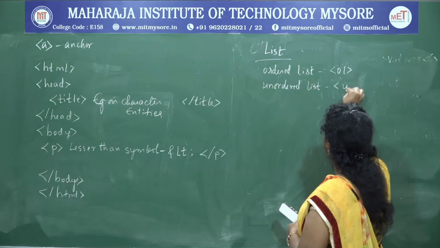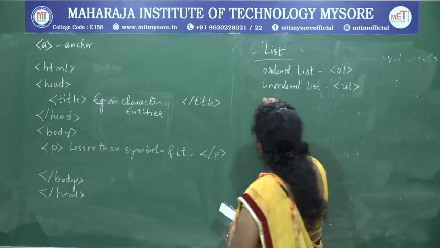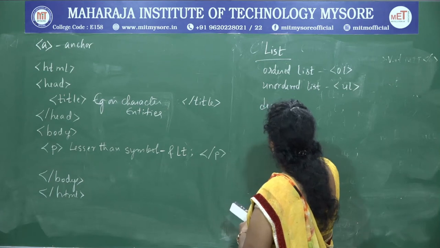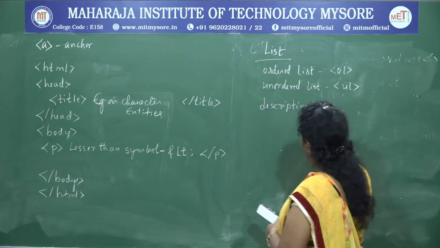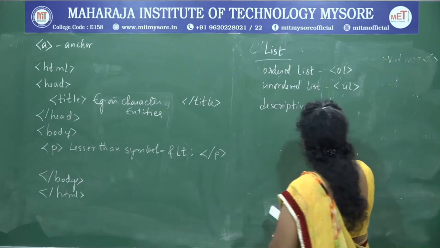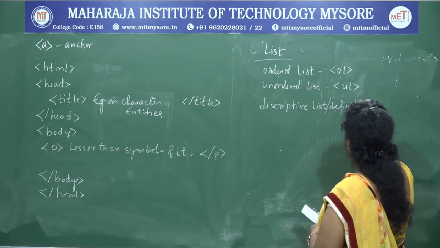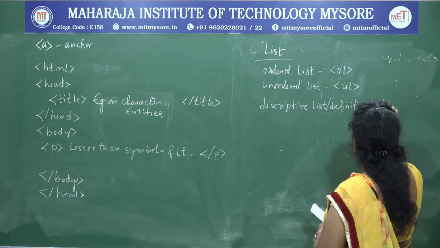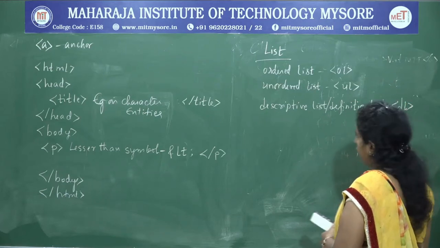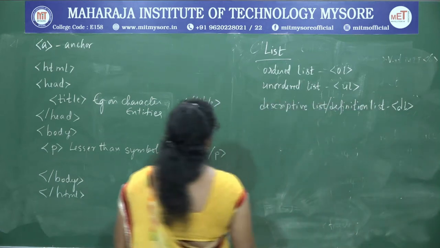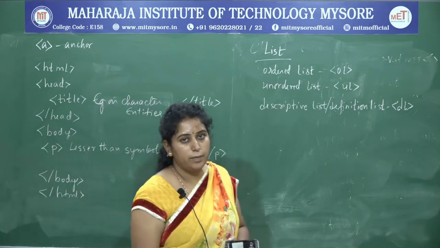That is by the tag UL. One more is the descriptive list or definition list. Both are the same. The tag used is DL. So what is an ordered list?